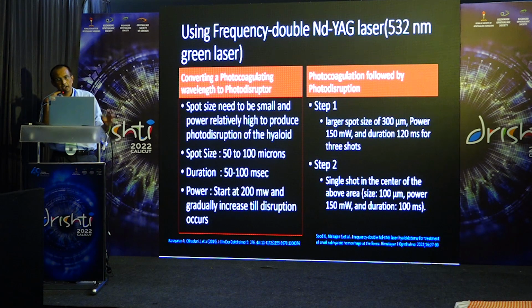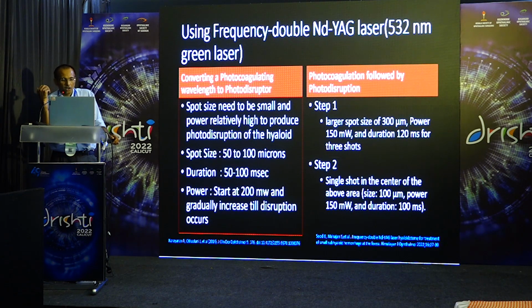You just need to decrease the spot size and increase the power slightly, so that a large amount of power is delivered to a small area to produce a disruptive effect. The spot size selected is usually 50 to 100 microns, the duration is 50 to 100 milliseconds, and you start at 200 milliwatts and gradually increase till a disruption occurs.